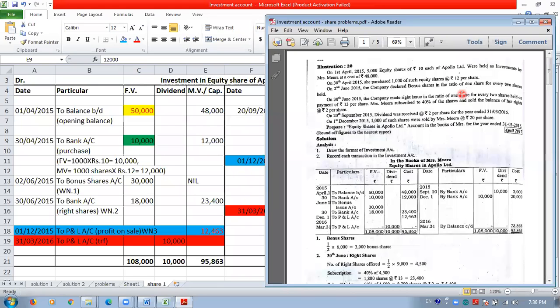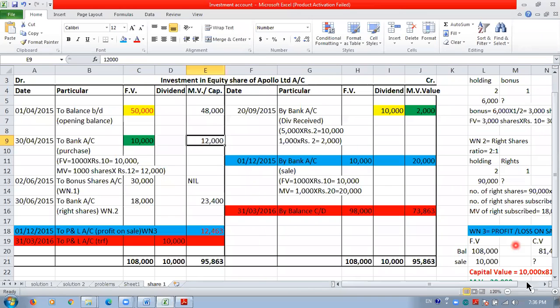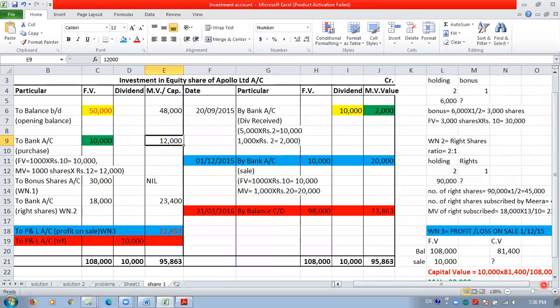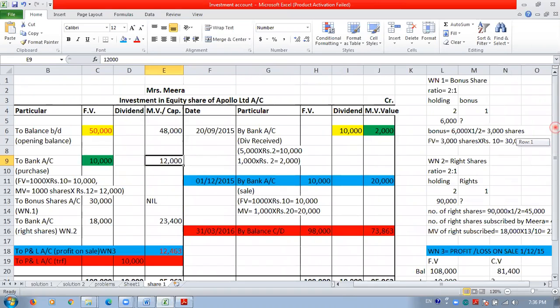The ratio is 1 share for every 2 shares held. So it is 2:1 is the ratio. So we have to calculate this in a working note. So this is the bonus share working note, right? So how do we calculate?